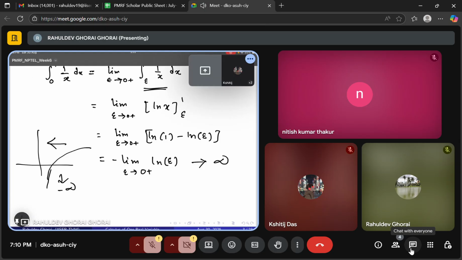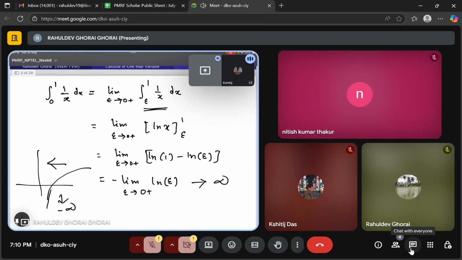Okay, so improper integrals, you can think of like the limit of proper integrals, which are like epsilon to 1, we do like this. So this type of idea you can use in evaluating many other integrals which are difficult also.